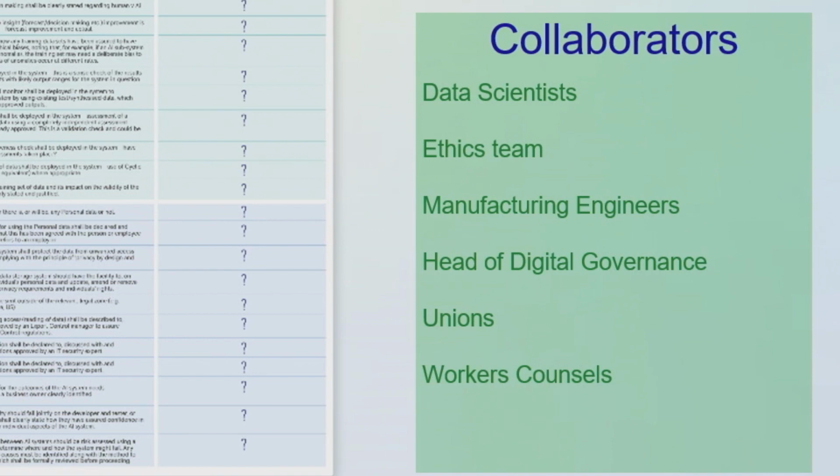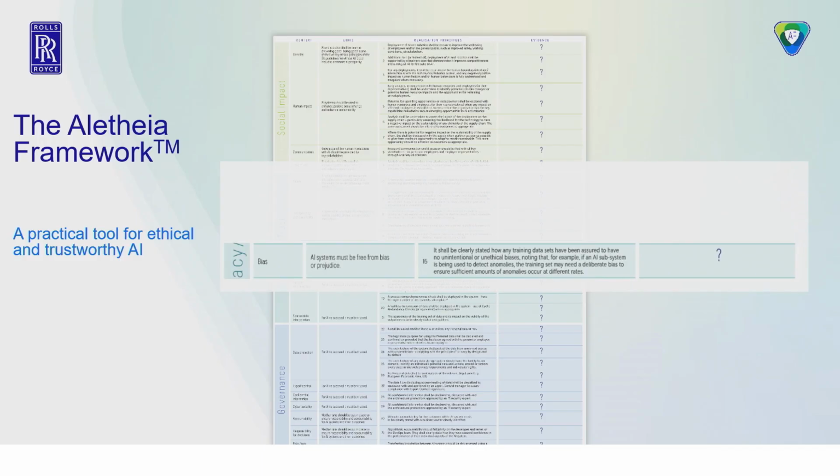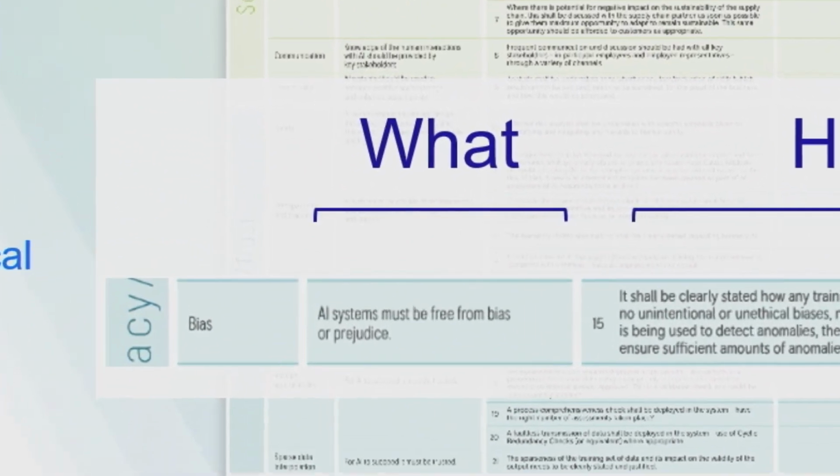And in the younger groups, they were interested in the ethical concerns because that is a big part of their purpose. The framework is meant to ensure that we can deploy AI into our factories or anywhere else in our businesses, and that we're doing it in an ethical way.